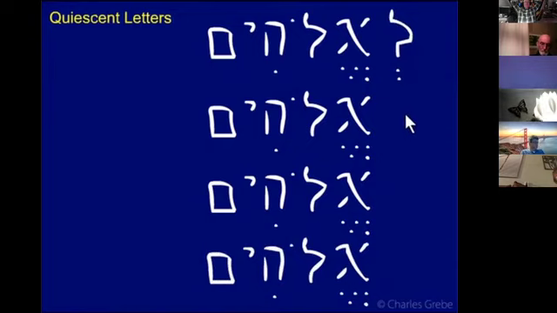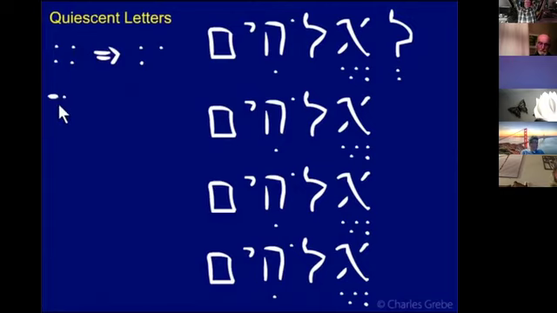Well, the first thing we have to do is we notice here we have 2 shavas at the beginning of a word. And when we have that, we need to apply our rule of shava. So by way of review, we had 2 rules of shava. One was where we have 2 simple shavas at the beginning of a word. And when we have that, the first shava becomes a hiriq, and the second one goes silent.